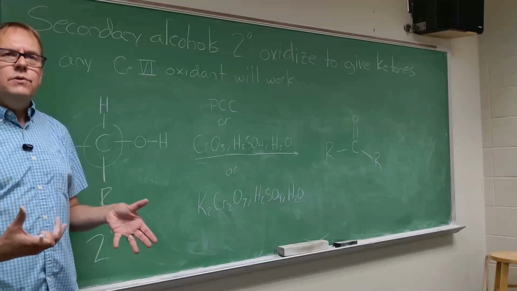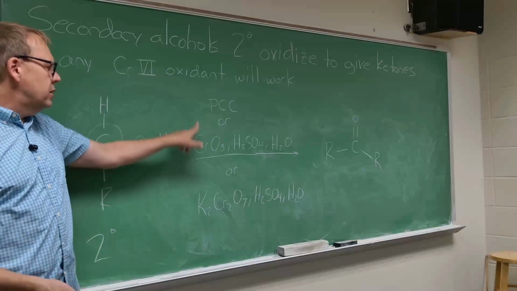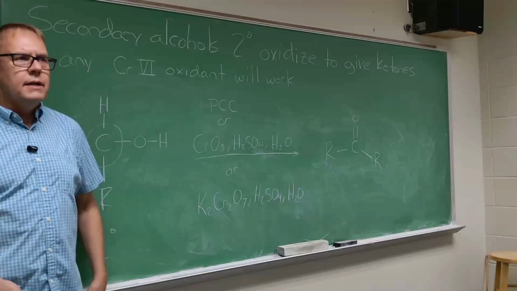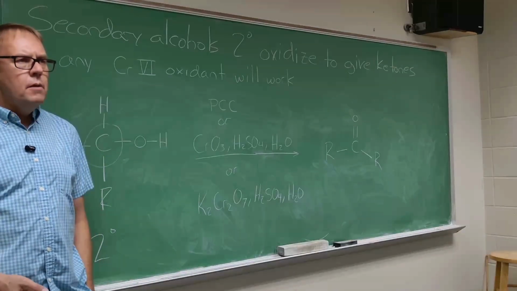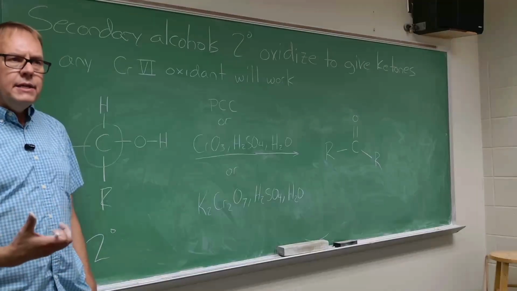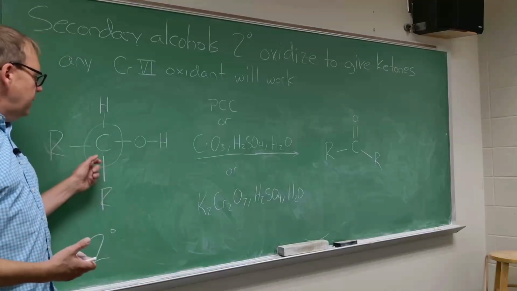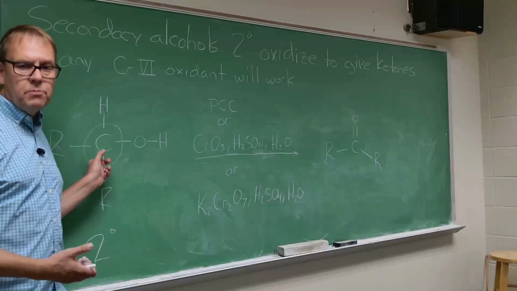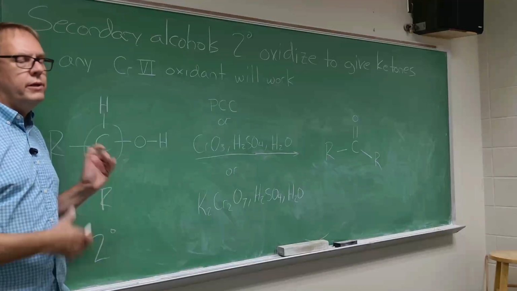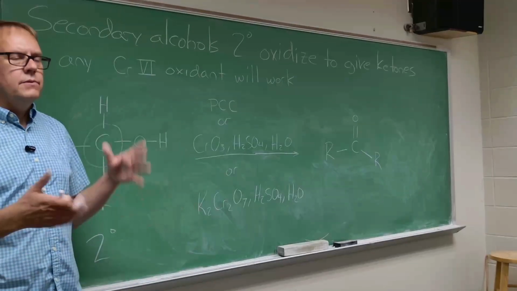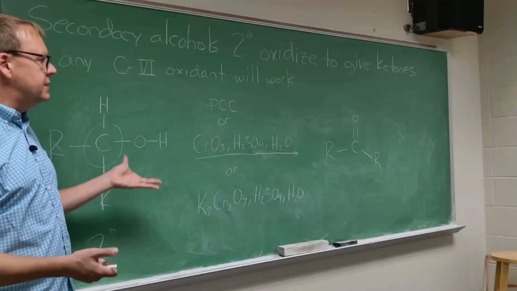If you're going to actually do this reaction, I would try to avoid using chromium because of its toxicity issues. But there are lots and lots of ways to do this. It's easy because secondary alcohols are simpler than primary, so you don't have to be careful. You just put in pretty much any oxidant, and lots of them will work, and you can get ketones out really easily.